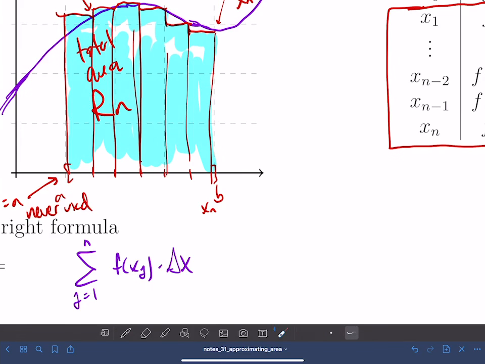And we're going to use that same trick to move the delta x out front, because delta x is constant with respect to j. And that's the formula for the right sum.